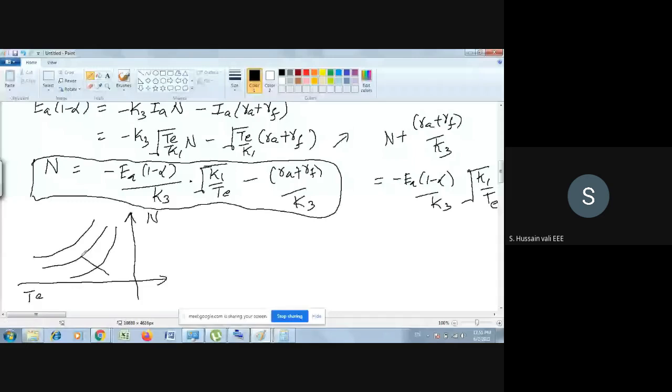See the shape remains same, except you get it in the second quadrant. So this is for increasing alpha. You can see alpha value ranges from 0 to 1. So when it ranges from 0 to 1, you take any value. Okay. For different values of torque, you will get different values of speed.